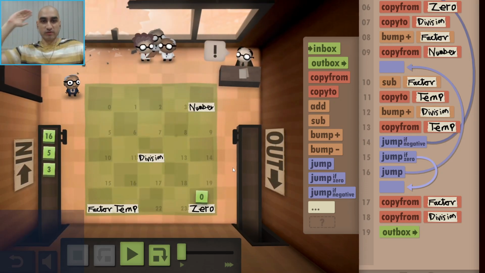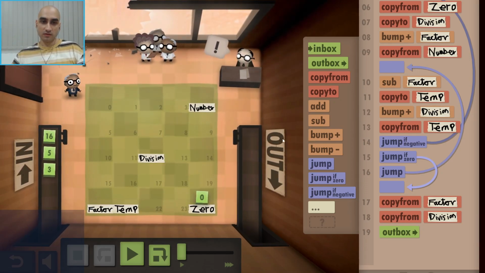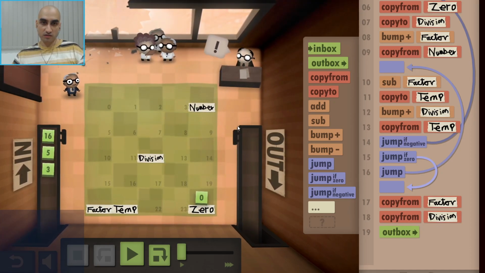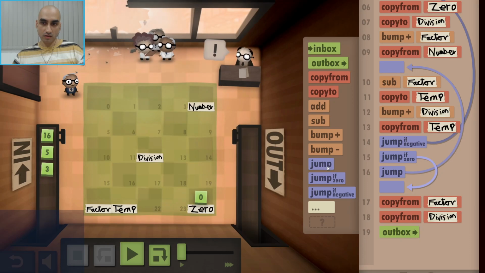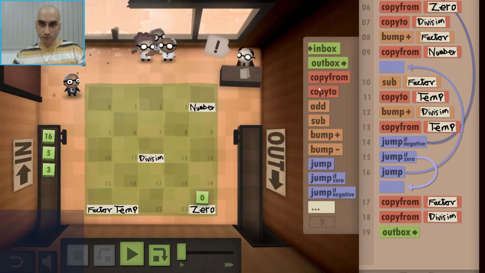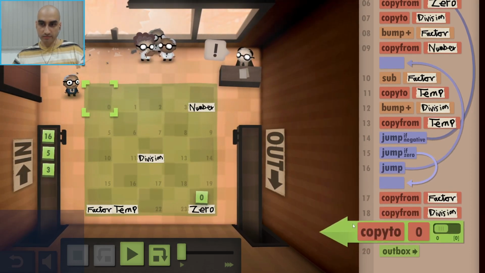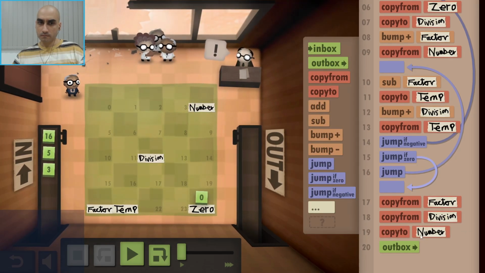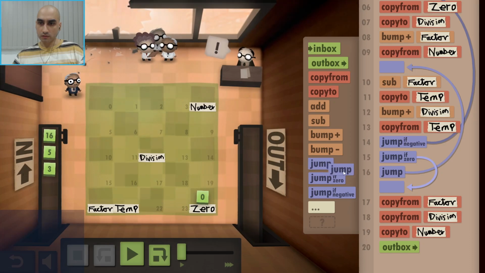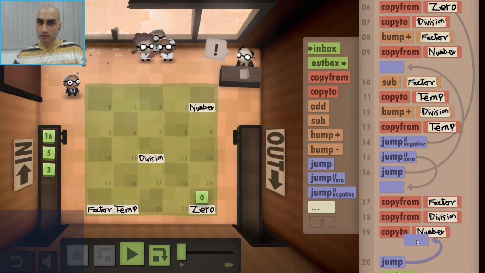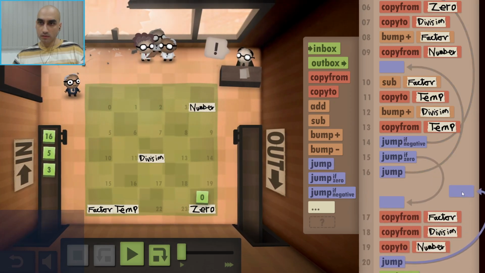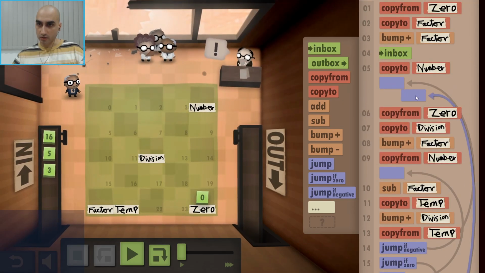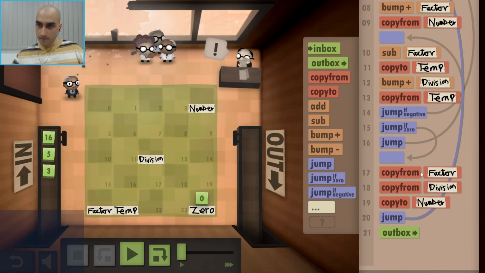But it is an optional problem, so. Copy from division. Copy to number, because our number is now replaced with that. And now we jump to the next factor. So we just jump back here again. Either way, we jump up there.